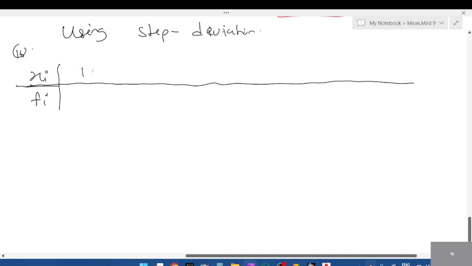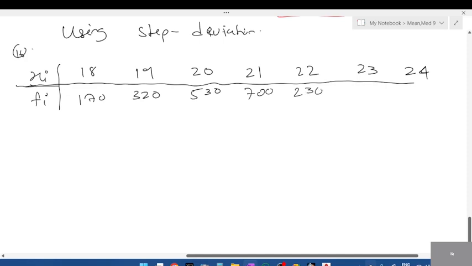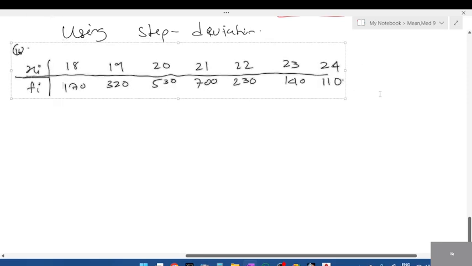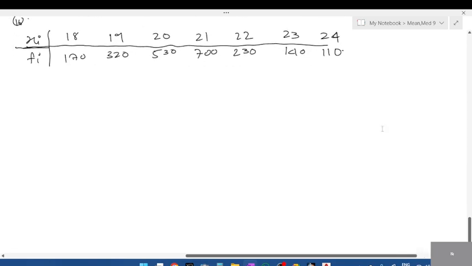The question is 18, 19, 20, 21, 22, 23, 24, with 170, 320, 530, 700, 230, 140, 110. So the table will be almost the same for all the questions, and they'll ask you to use step deviation method.